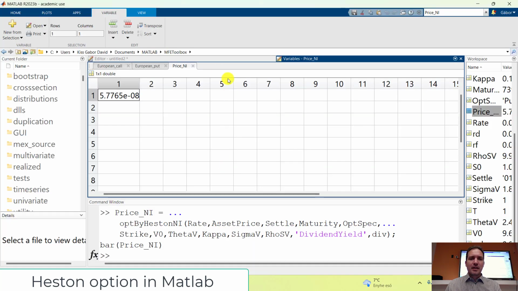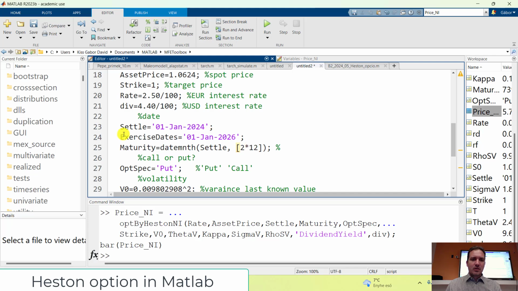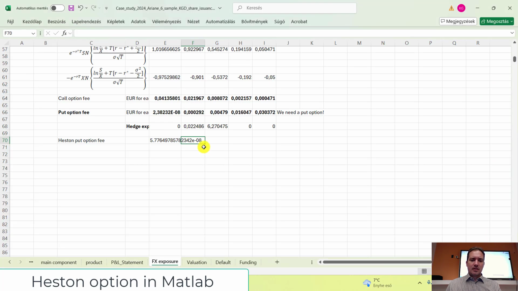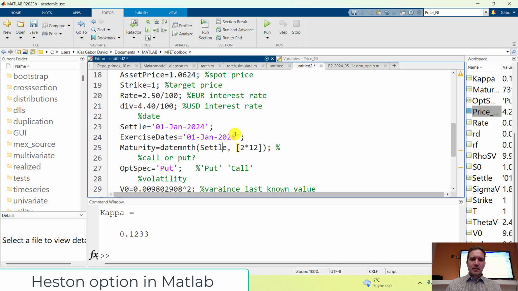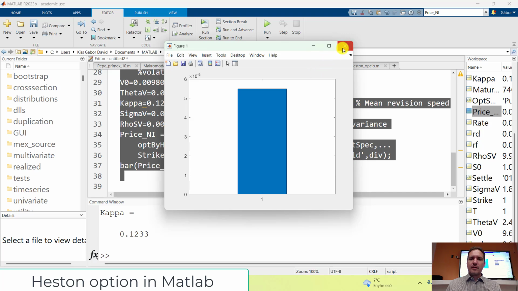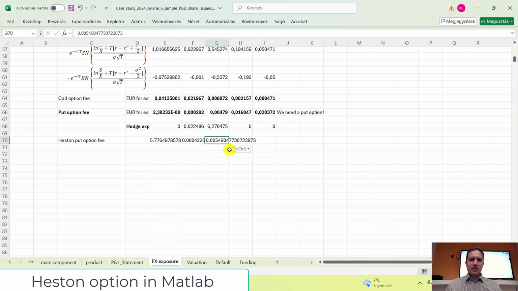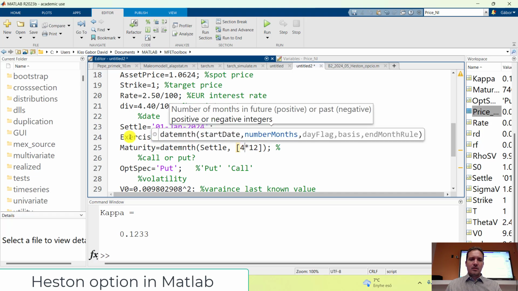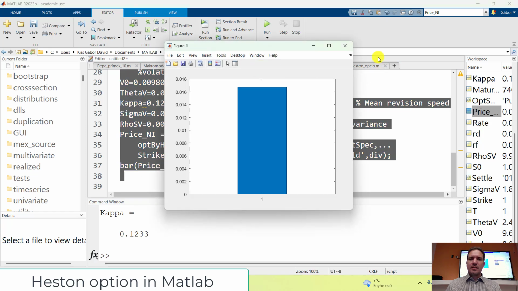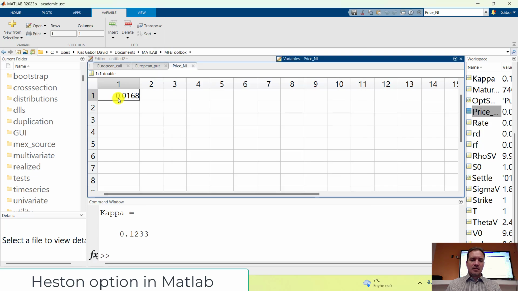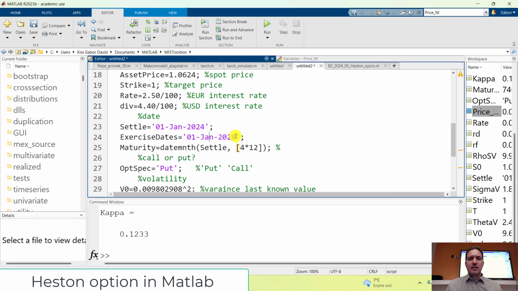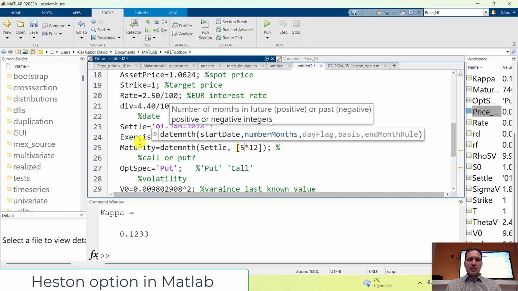So it's even cheaper, but if I'm starting to tweak it upwards, so running it for 2 years, running it for 3 years, and the last one is 5.